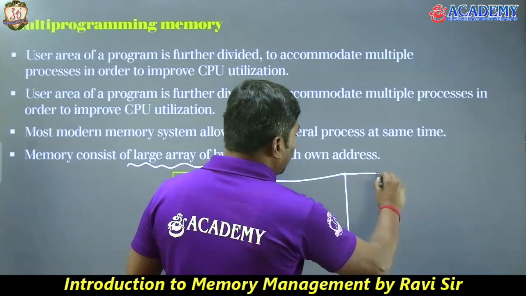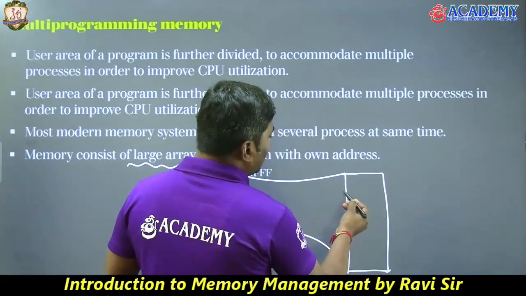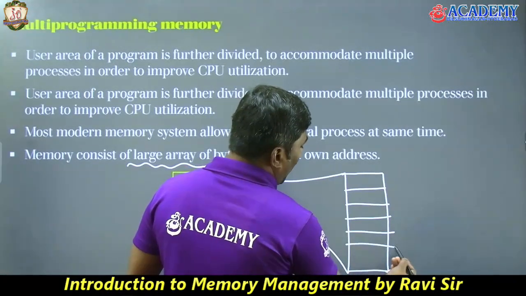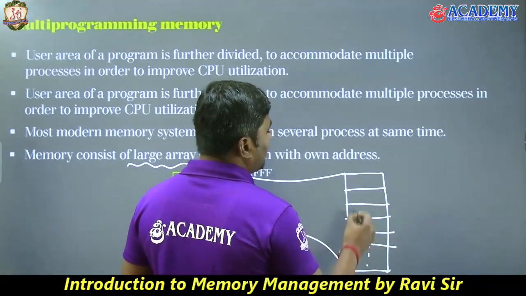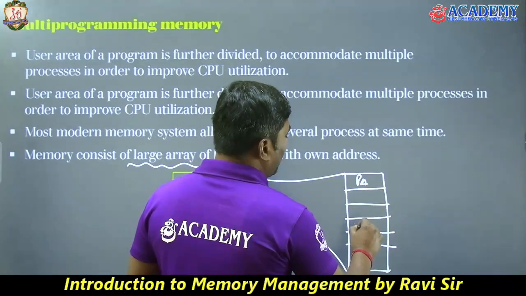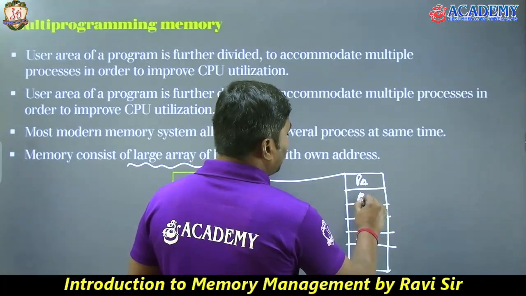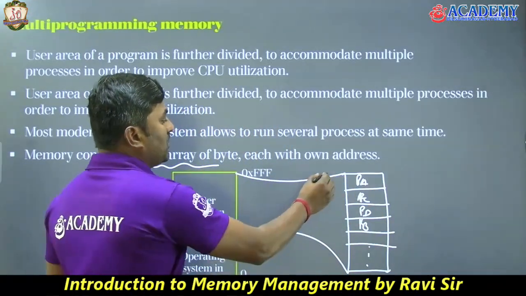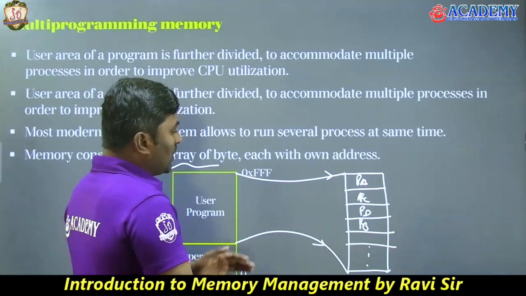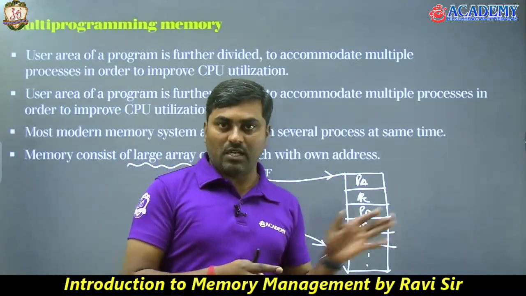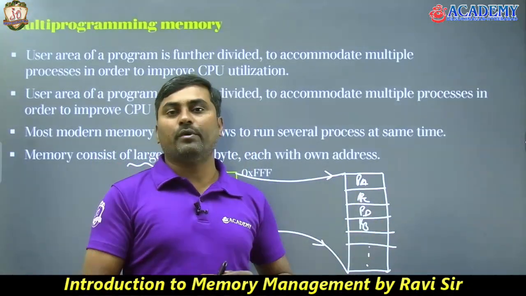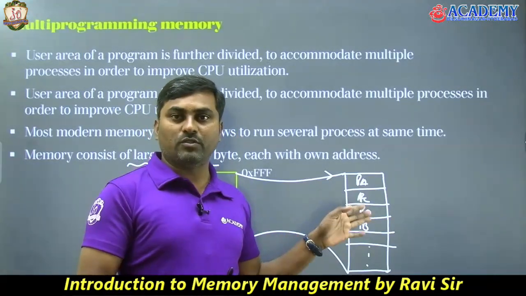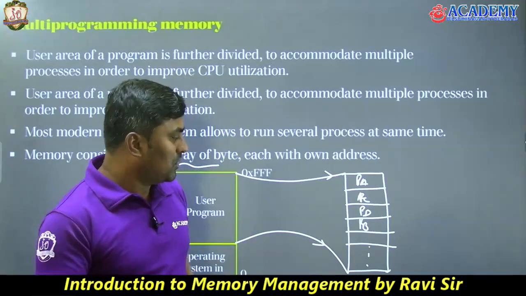To accommodate the processes, let's take process A kept here, process B here, process C like this, and process D like this. So multiple processes you can keep in the user area. The task of this division is carried out by the operating system. There are various mechanisms for performing the partitioning, which we will observe now. I hope you understand.